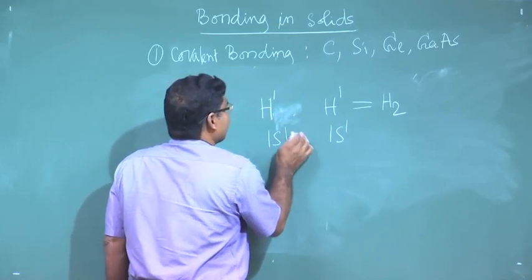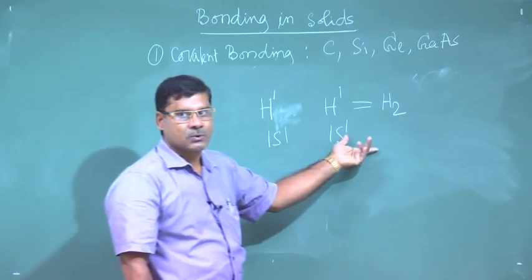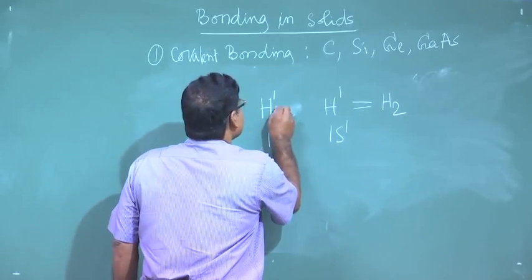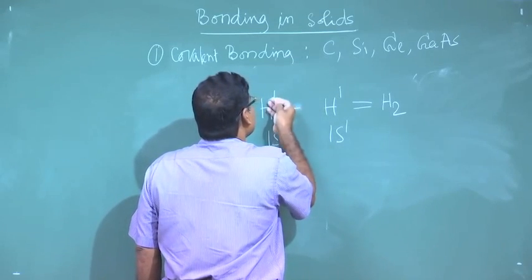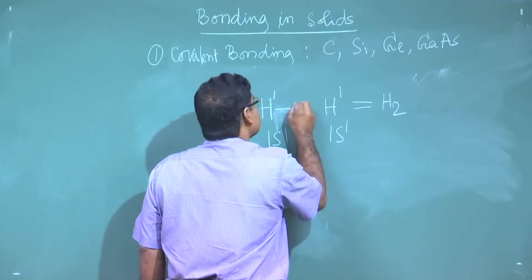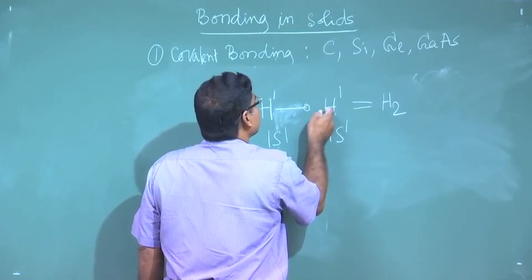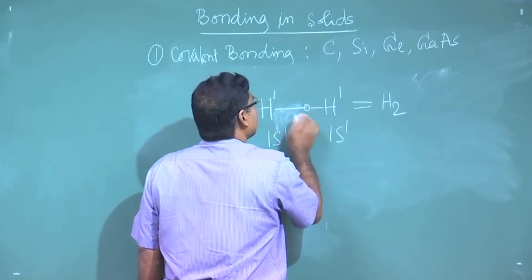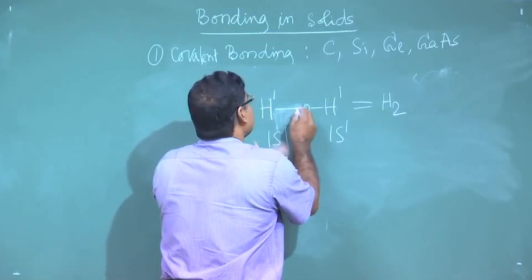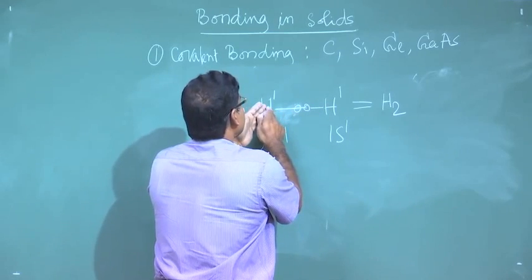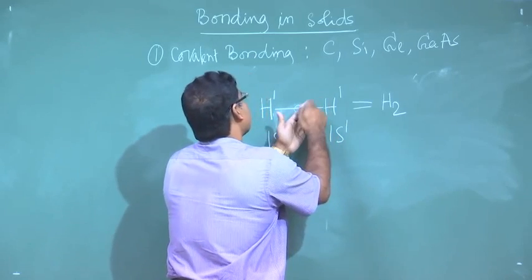Because the stable configuration is 1s2, this hydrogen will prefer to have 2 electrons, and this other one also will prefer to have 2 electrons. So, what they do is, this hydrogen gives 1 electron, and this hydrogen gives 1 electron.